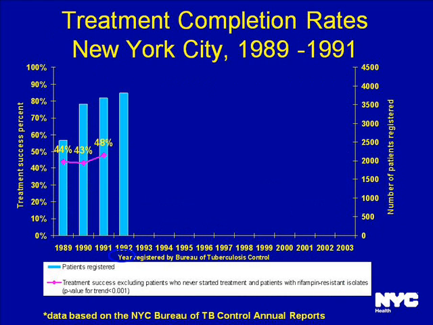So one of the things that we noted at that time is that when we got better at collecting the information about just how much TB there was out there, because we couldn't really know the extent of the problem until we did good surveillance, one of the first things that was done was to collect adequate information as to how many cases were prevalent and how many cases were incident every year.